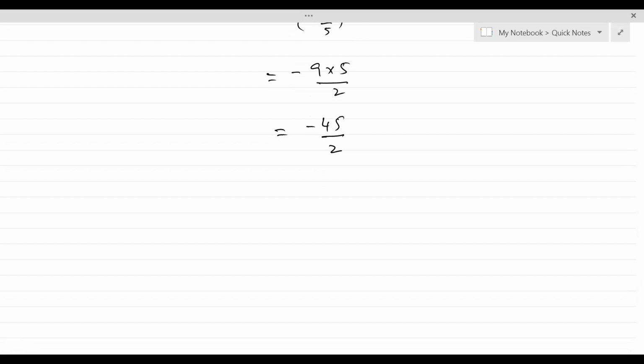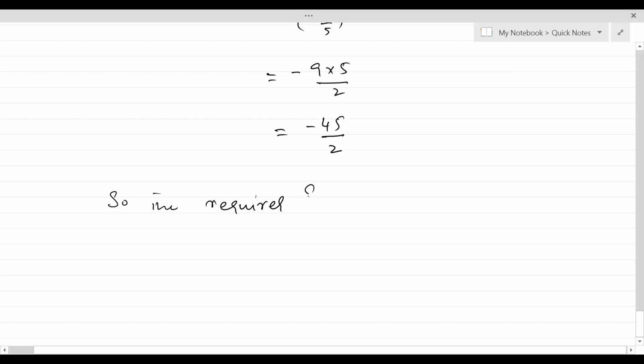Thus the required equation is x square minus sum of roots times x plus product of roots equal to 0.